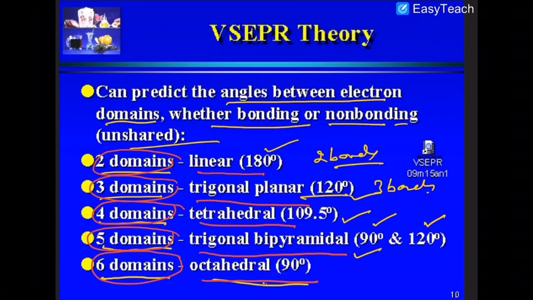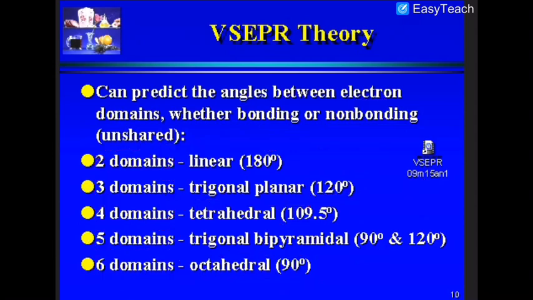In VSEPR theory, if only two domains, that is only pure bond pairs, I am talking about no lone pair present.